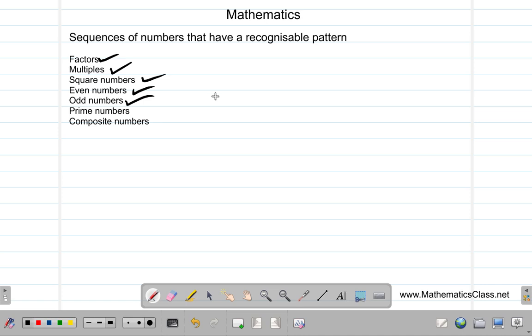You can divide it by itself without leaving a remainder, and you can divide it by 1 without leaving a remainder, but you can't do it with any other number. You see?